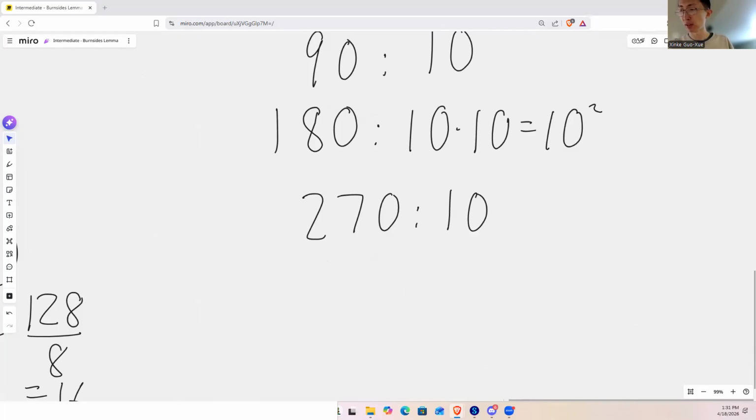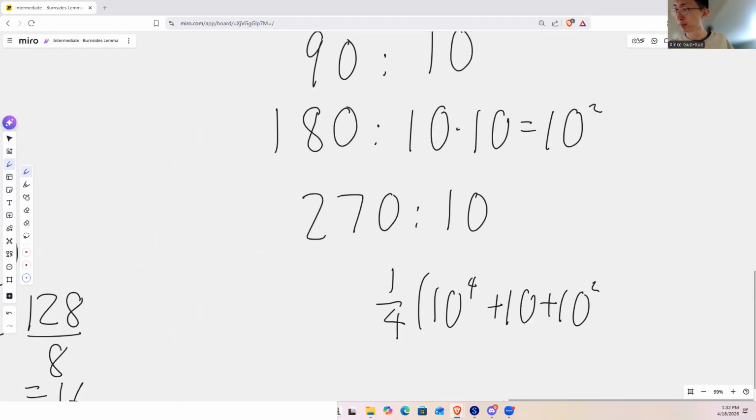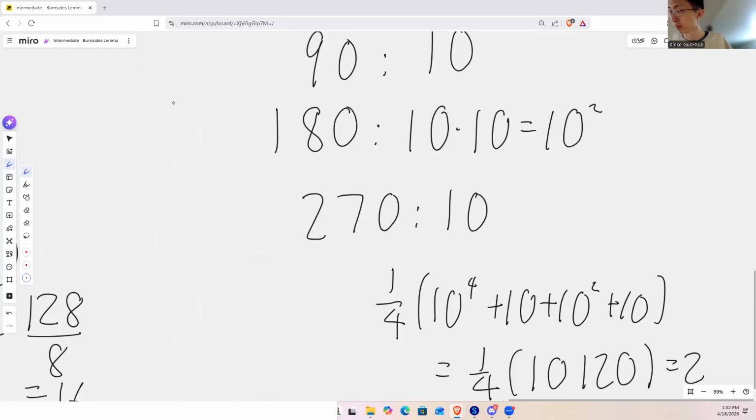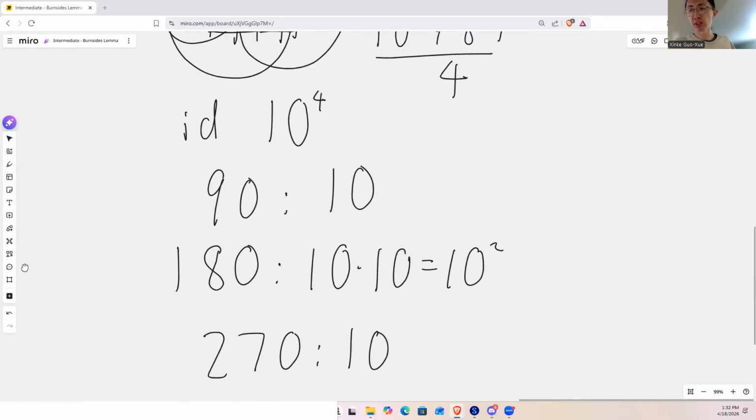So this is going to be 1/4. If we have time, maybe we'll come back and check this with casework.